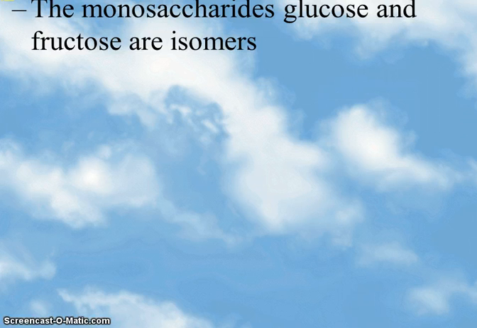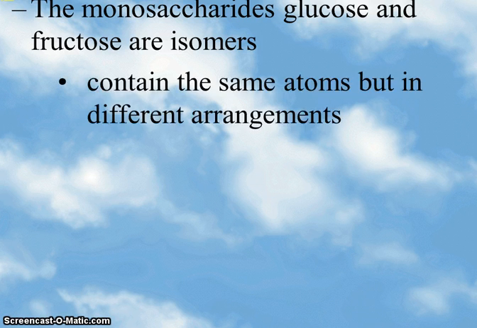Now, when we look at monosaccharides, there are several different kinds. Glucose we just looked at. Another one is fructose. And fructose ends in OSE, which tells us it's a carbohydrate. It's an isomer of glucose, which means that it's going to have the same types of atoms, the same number of each type of atom, but the arrangement is going to be slightly different.